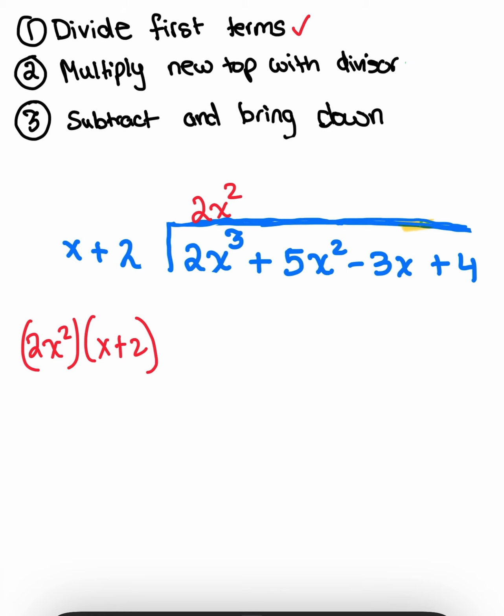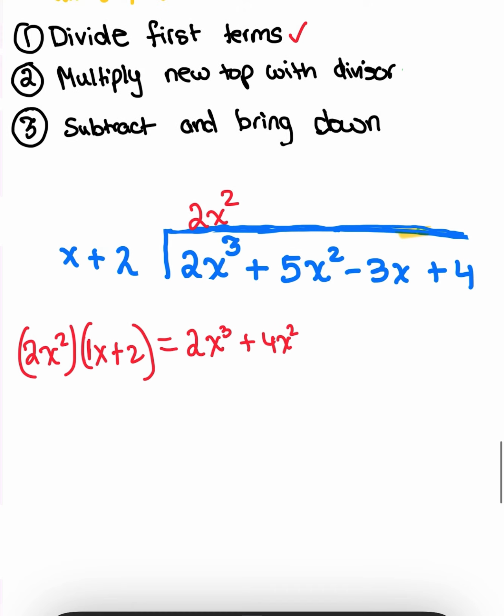Now, if you need some help with multiplying polynomials, you can check out my last video where we learned how to multiply polynomials. So 2 times, again, there's an imaginary 1 here. 2 times 1 is 2. When I am multiplying my variables, I add my exponents. So that's 2x to the power of 3 plus 4x squared.